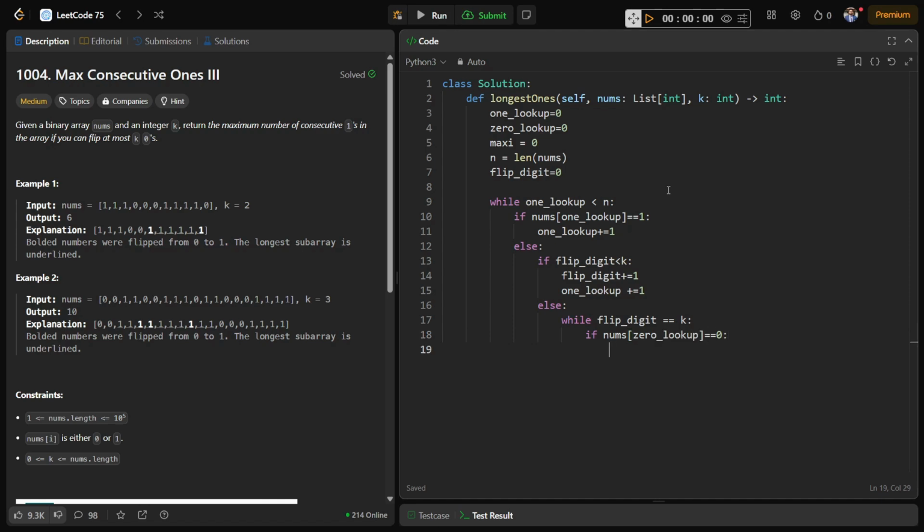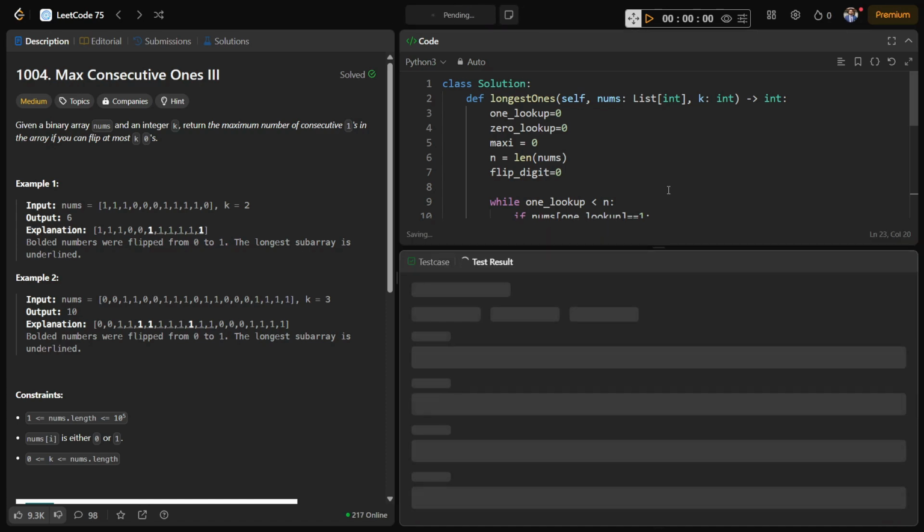So we have to remove it from our subarray. So we will decrement flip digit, and zero lookup we will increment by 1. Okay, and we will keep on storing the maximum at every iteration. At the end, it will return the max.